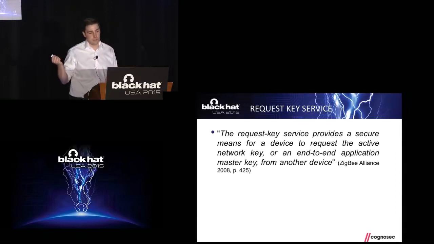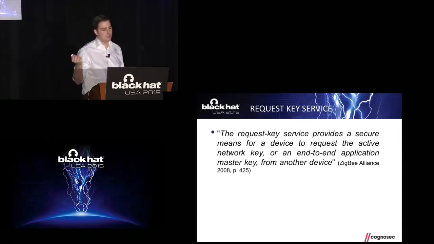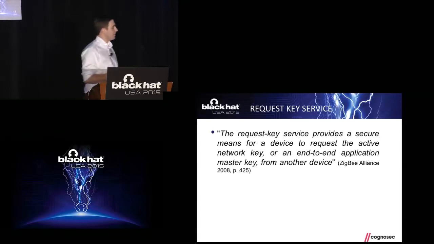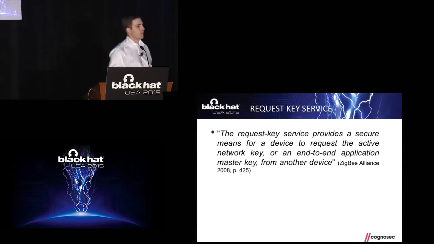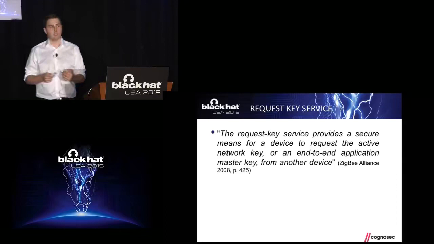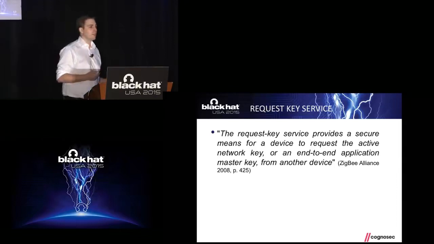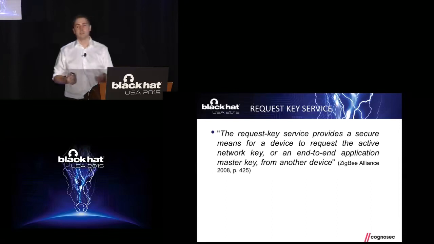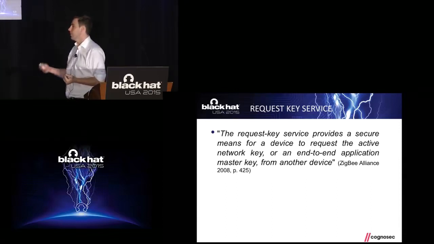But it also states that you could use it for active network key requests. But I don't get why you should do this, because when you don't apply encryption, there is no network key. When you apply encryption, you should have the network key to send a correct command, because otherwise the other device won't accept this. So I would request the key, encrypted with the key I was requesting.